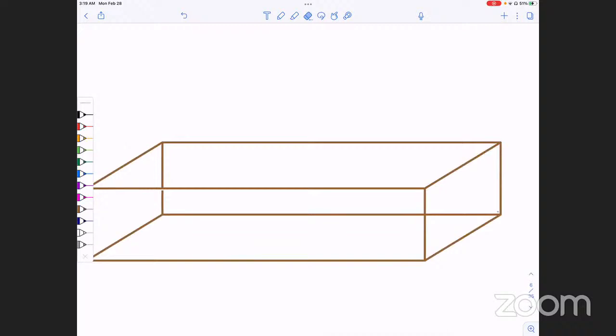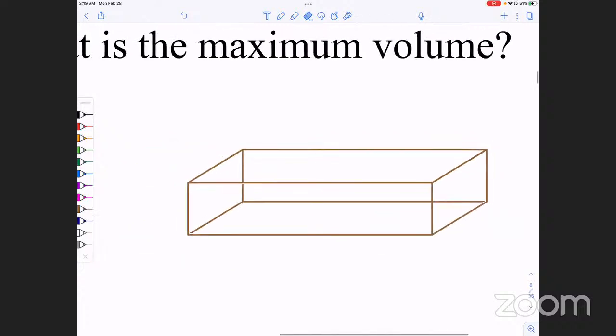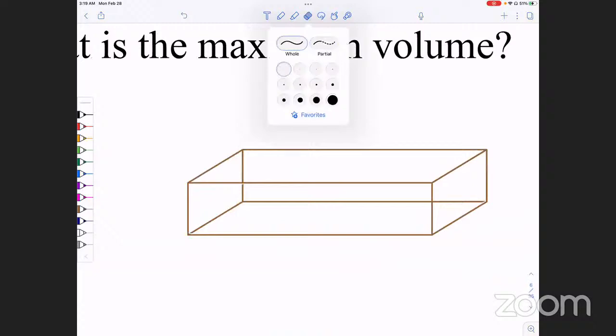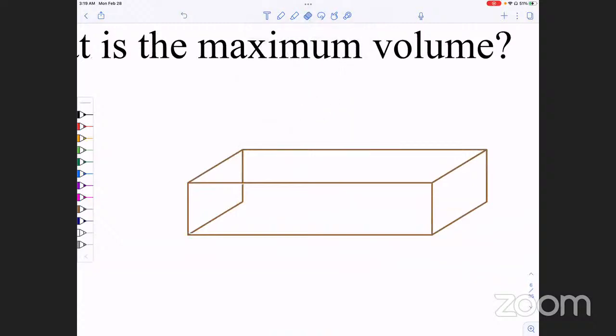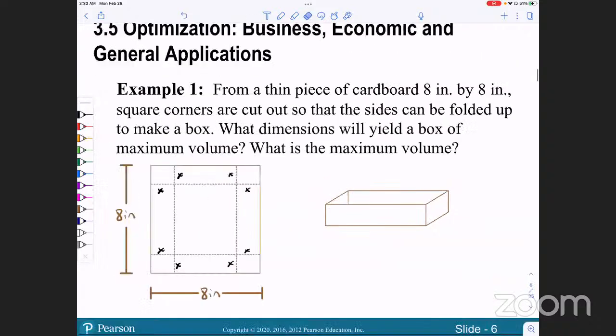We want to cut it here. So then when we're done, we're going to fold the flaps up and we'll finish with the box like this.